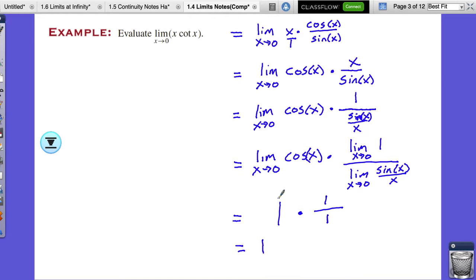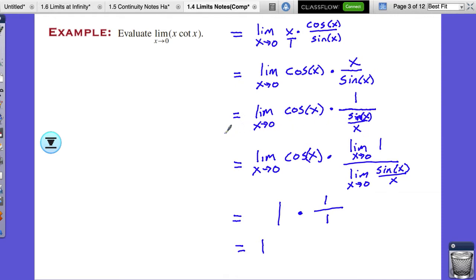When should we do the thing where you put the limit on each one? When I've broken it apart into pieces that I can find the limit of.